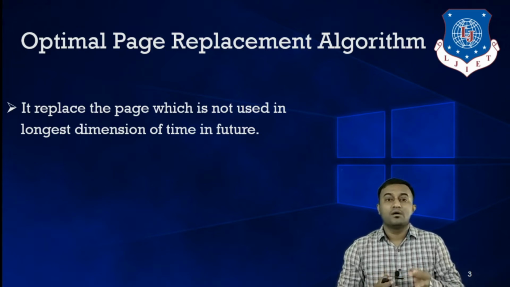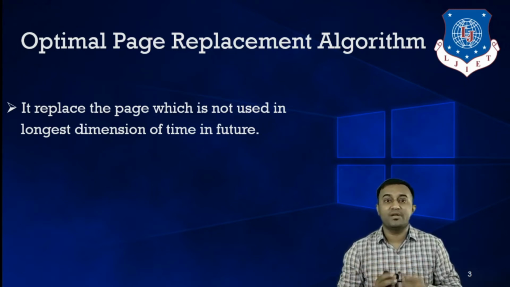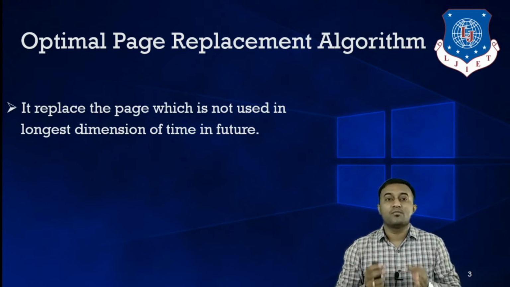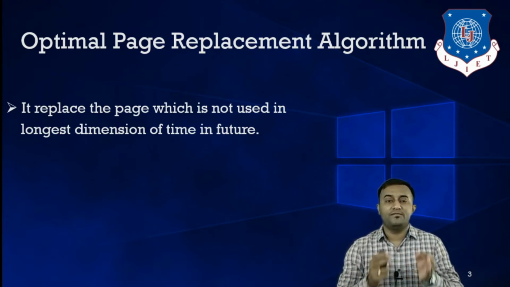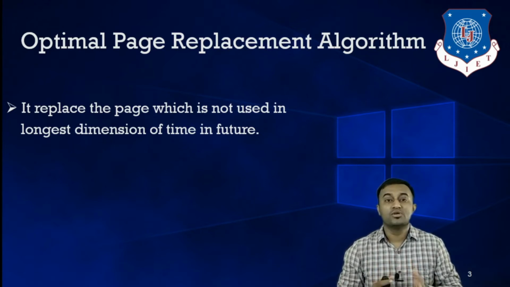It means, when the CPU requests a page which is not available in main memory right now, that page needs to be fetched from the secondary memory. If the main memory is full, we definitely need to replace one page with the page requested by the CPU. But which page needs to be replaced?